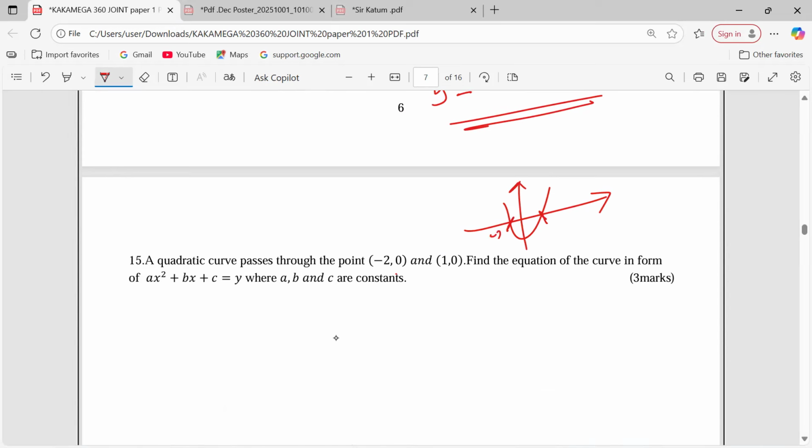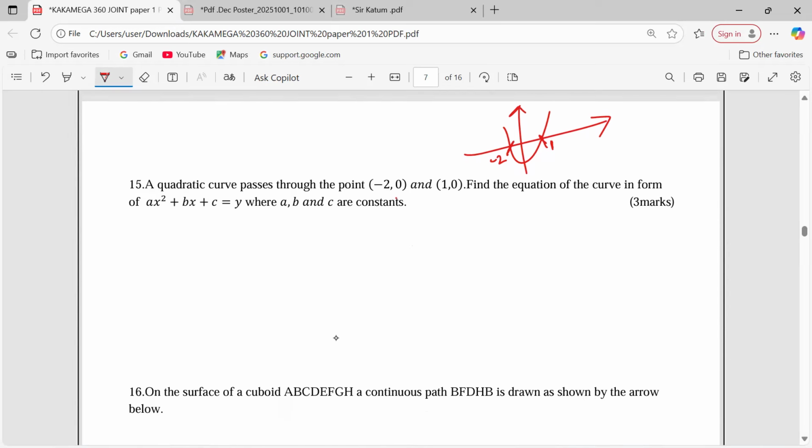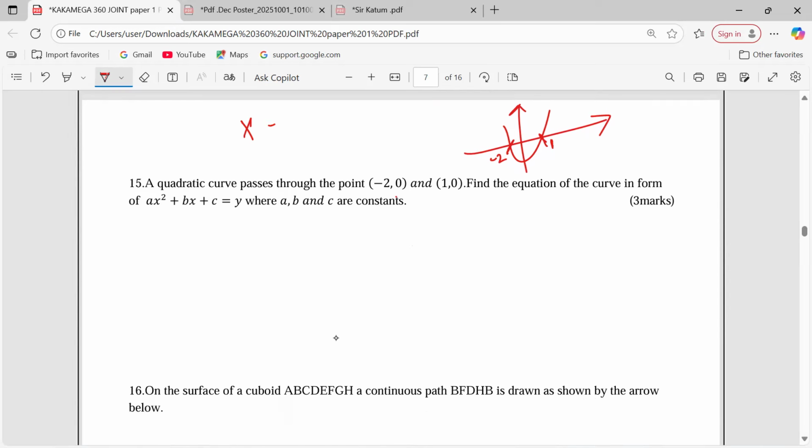Meaning that if the quadratic function is equated to 0 and solved, we'll get values of x as -2 and also x as 1. So x plus 2 should be equal to 0, and x minus 1 should be equal to 0 also.